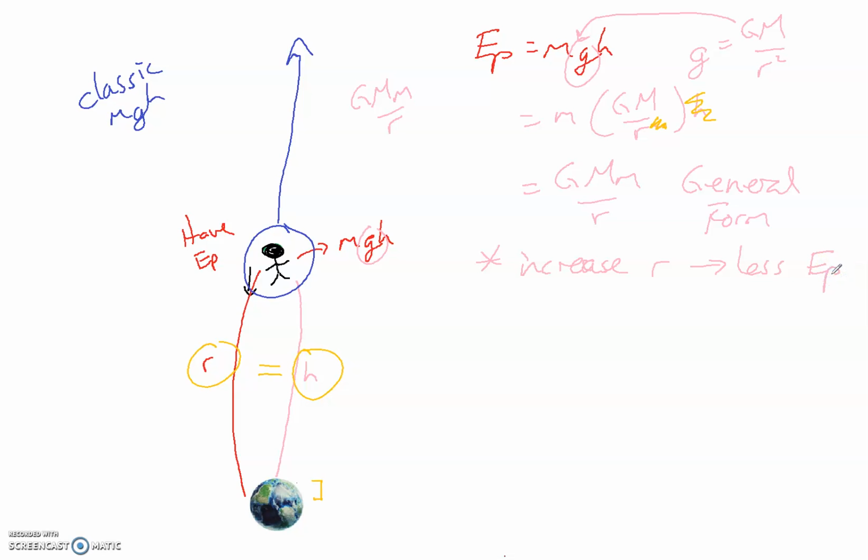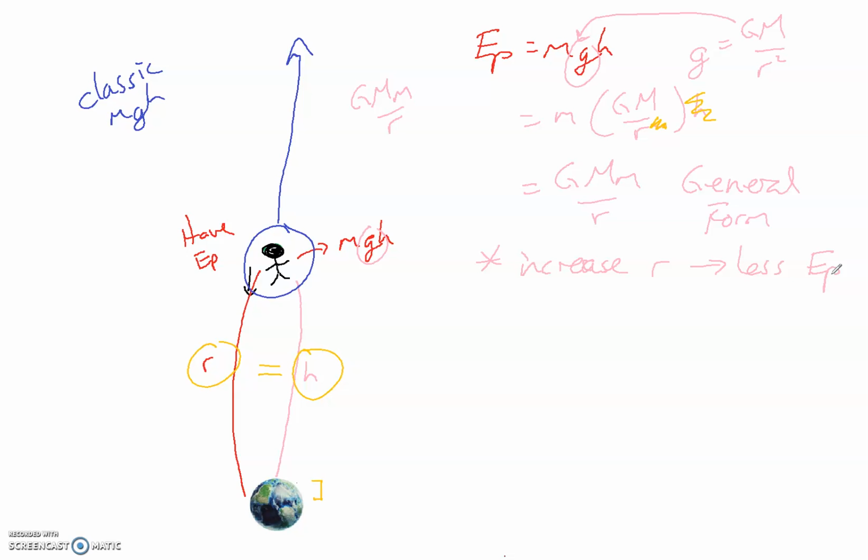Now this actually makes sense, because if you go farther and farther away from a planet or the sun or whatever you want, there's less potential for it to pull you back. The closer you are, the easier it is for it to do something to you. So the farther away you go, there's less potential for something to happen. There's less potential for it to pull you back, so you have less potential energy. Okay, that's an important distinction between the two.